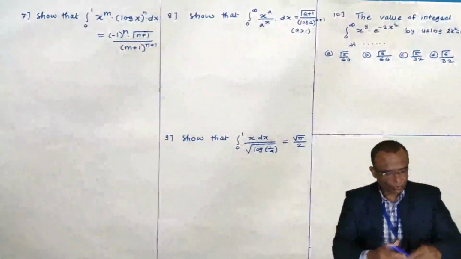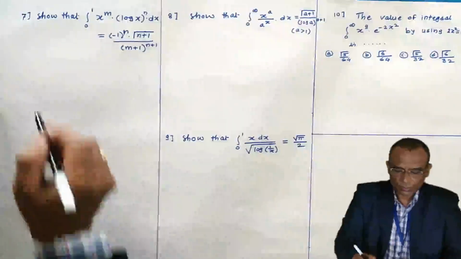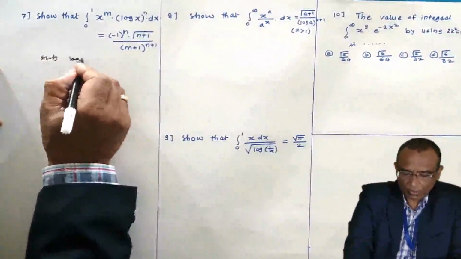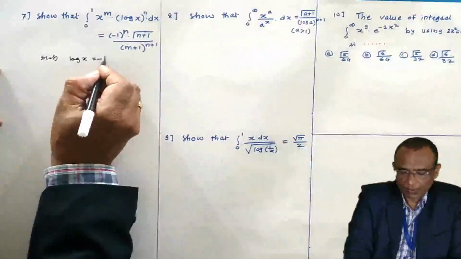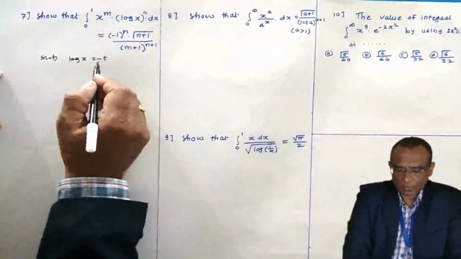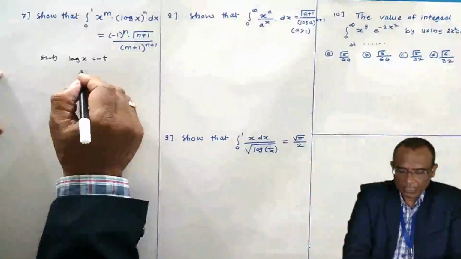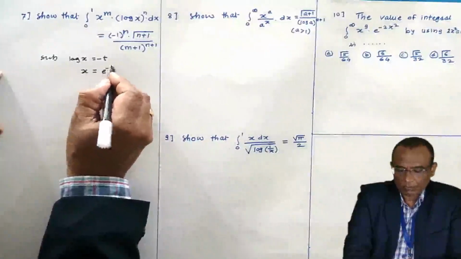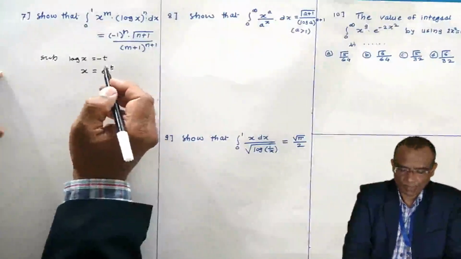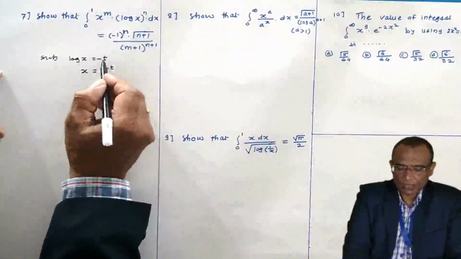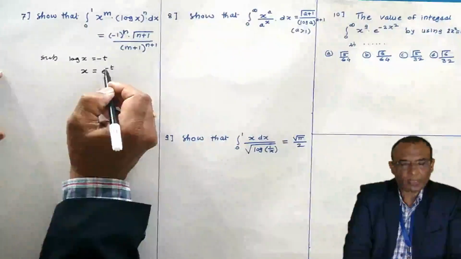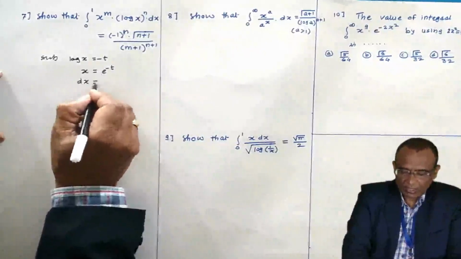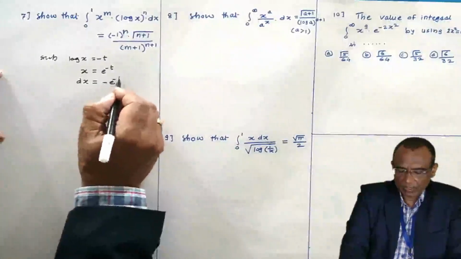Therefore, I am going to substitute log x equal to minus t. Why am I substituting minus t? Because anyhow we want the e raised to power minus t term, because we are going to use the gamma function. Log x equal to minus t, therefore x equal to e raised to power minus t.